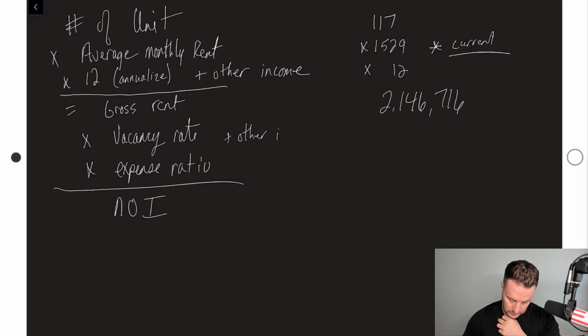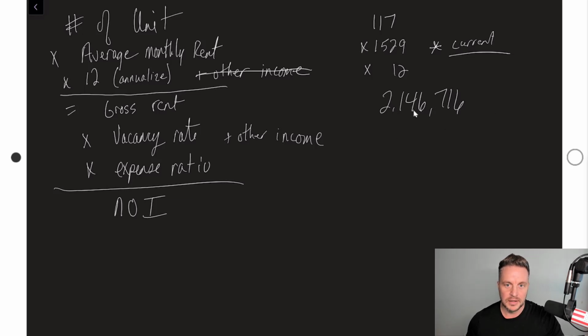Because there is no vacancy rate in other income, right? Don't worry, we'll go over this a couple times. So it is not there, because you don't want to take a vacancy rate out of other income because it doesn't make sense. Okay, so back to our example.